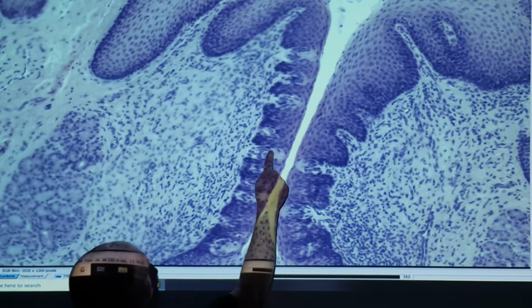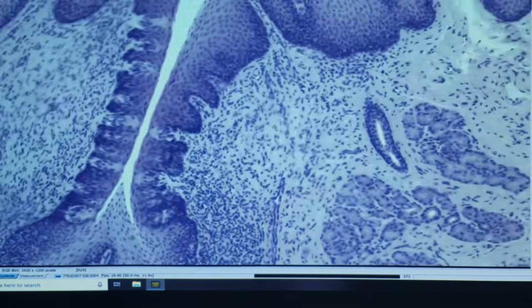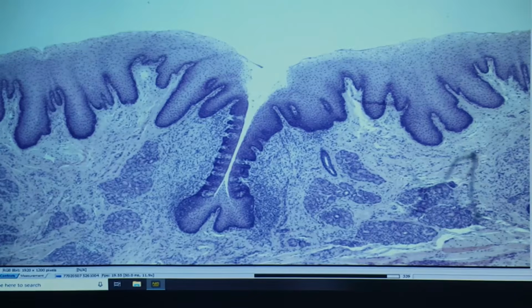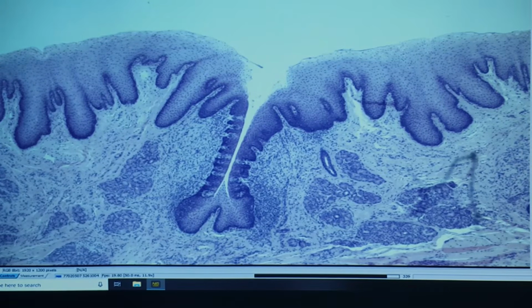That's why they're called buds, taste buds. What I want you to look at is this slightly lower magnification we saw before, because this allows me to recognize the organ. I am looking at a tongue. These structures are the taste buds. So again, only two questions I can ask you from this slide. Name the organ, tongue. Name the structure, taste bud.